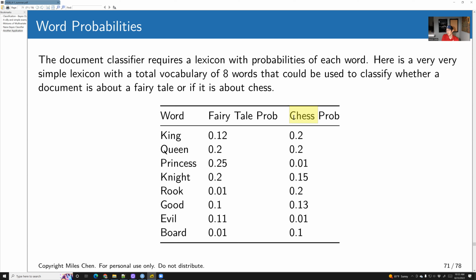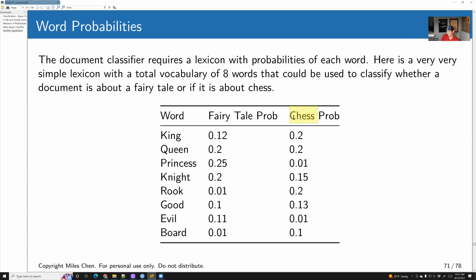So politics maybe would have words like senator with high probability, and representative and house and senate and party and things. Those words will have higher probabilities, versus other words which will have lower probabilities, right?